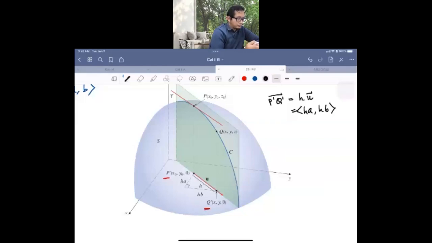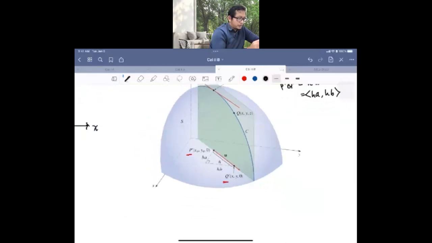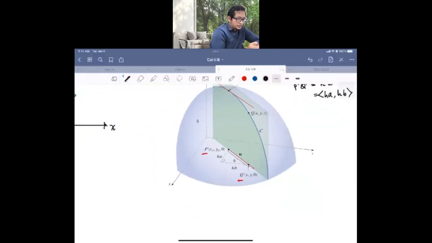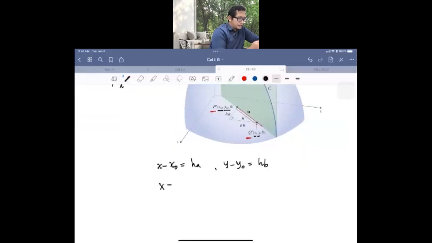Therefore, x minus x0 is ha and y minus y0 is hb, so x is x0 plus ha, and y is y0 plus hb.